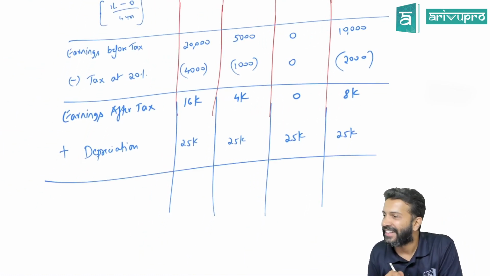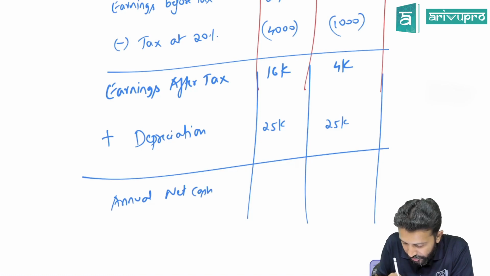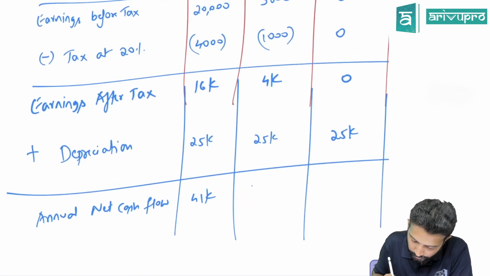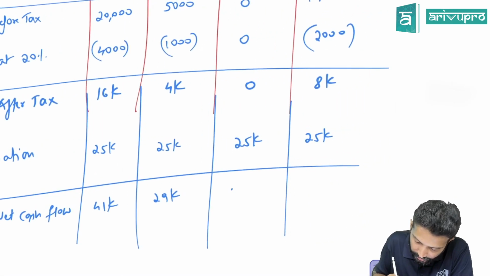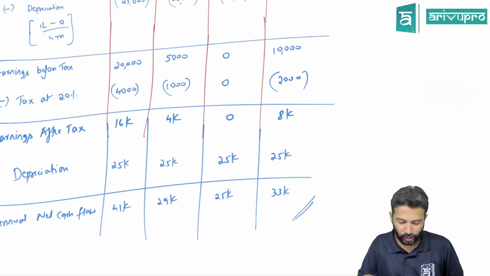Are we good with this? This number we call annual net cash flow. How much is this number? This is 41, this is 29, and this is 25, and this is 33. Answer over, question over, everything over. Class not over, that's all.